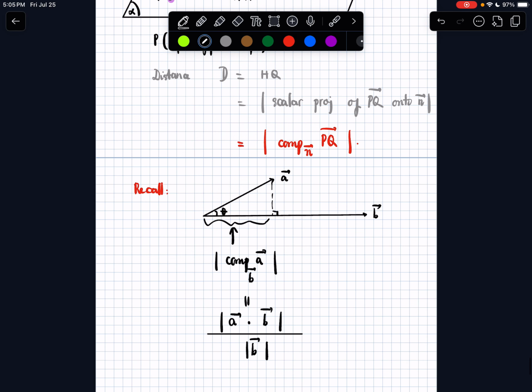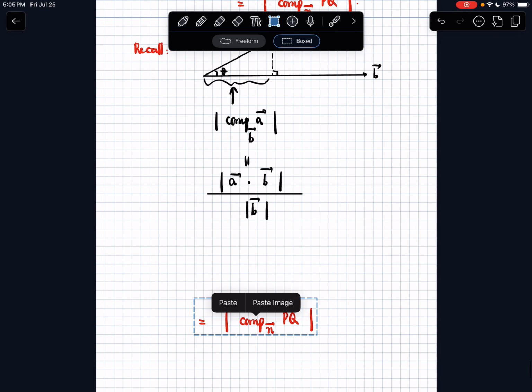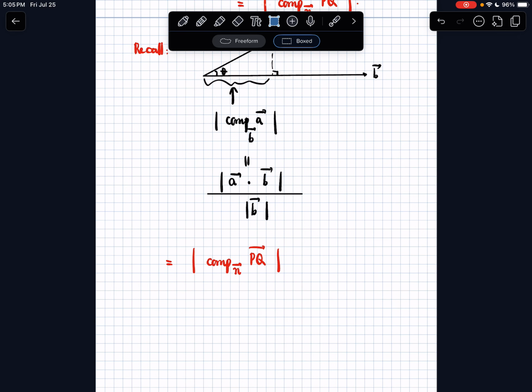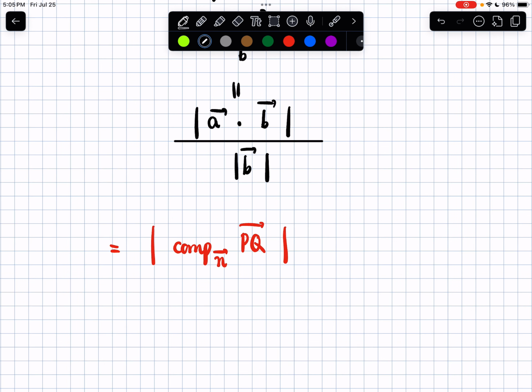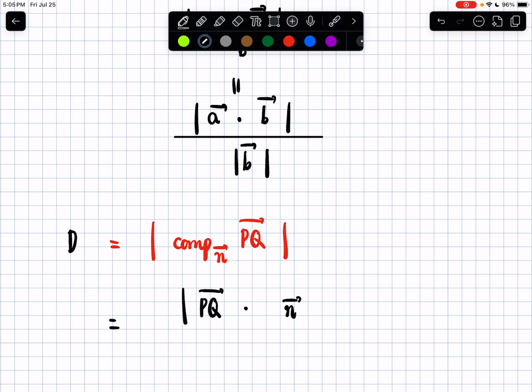In our case, the distance is this. In our case, D equals this absolute value of the component of PQ onto n. So it is the dot product of PQ and n divided by the length of n.